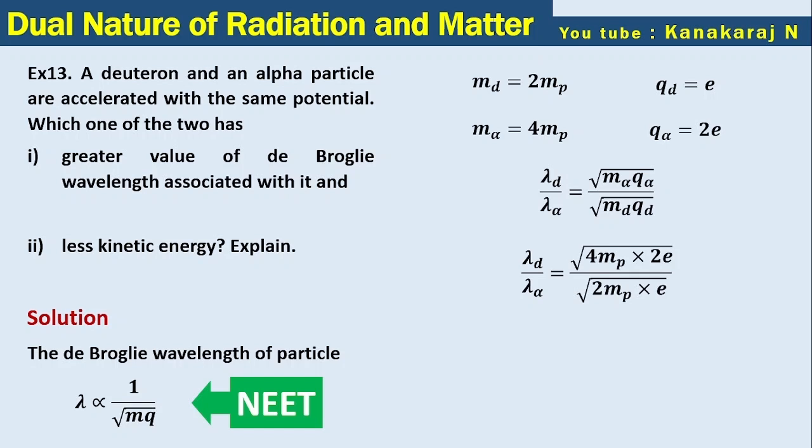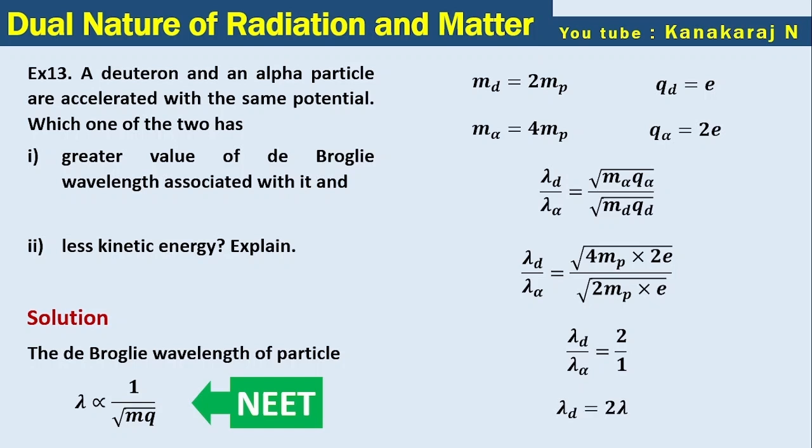Mass of the deuteron is 2 times mass of the proton, charge of the deuteron is e. The mp cancels and e cancels, we get lambda d upon lambda alpha equals square root of 8 upon square root of 2. It becomes square root of 4, so we get 2 upon 1.